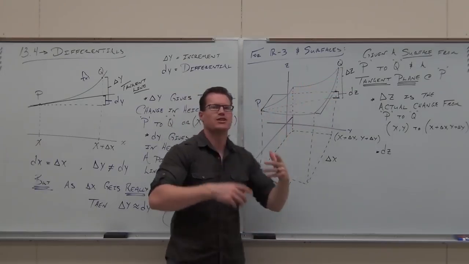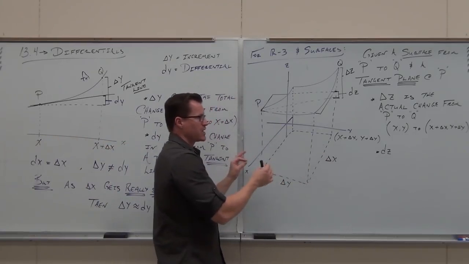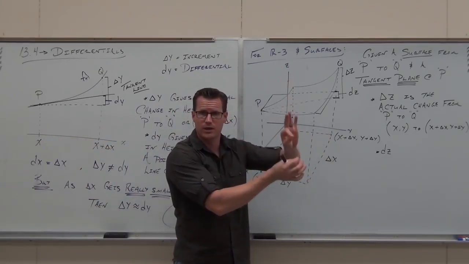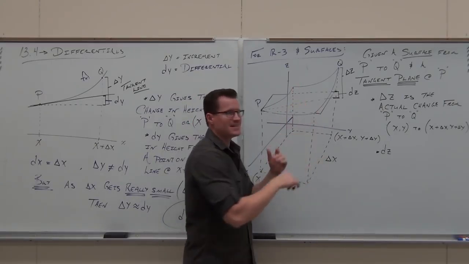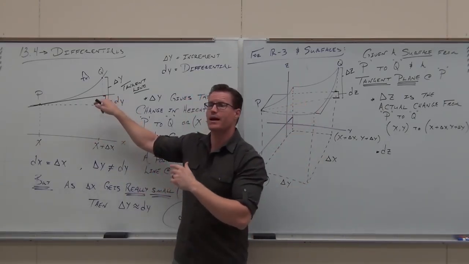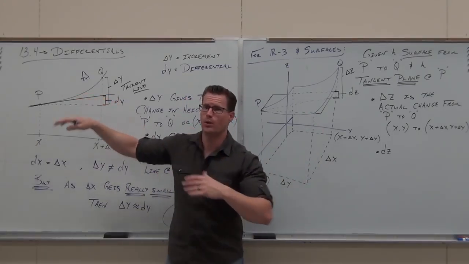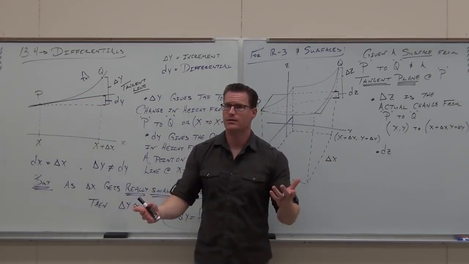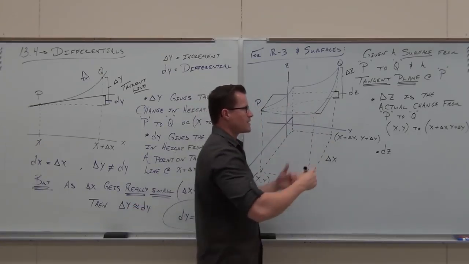As I'm moving, I don't have one axis anymore. I have 2 axes. I got to move along both of them. The change in height of the function between here and here. That's the total change in height between the point and the other point on the surface. That's what delta Z means. The DZ is the same thing as here. It's the change in height between the point and the point on the tangent. Only this time, we've got a plane and not a line. You with me? And it takes these 2 things to get there. So that's what DZ does.